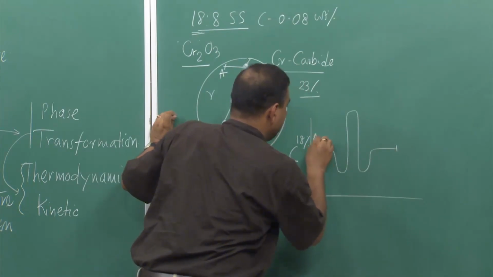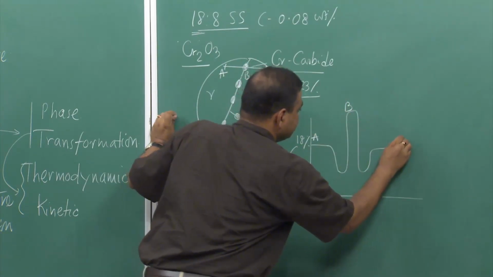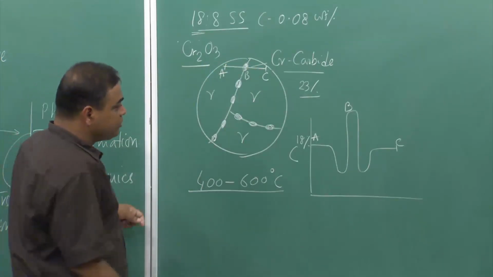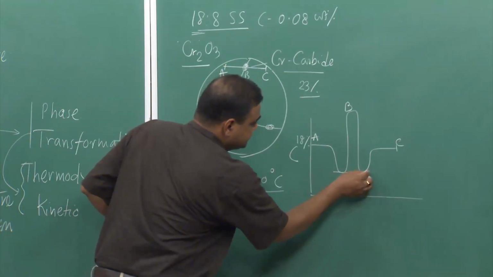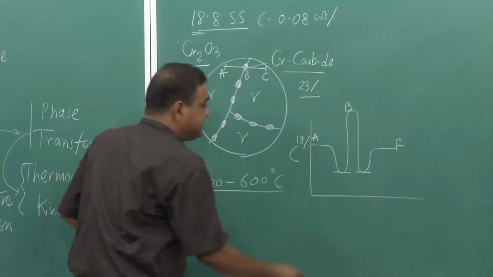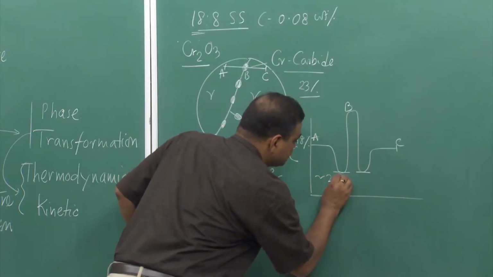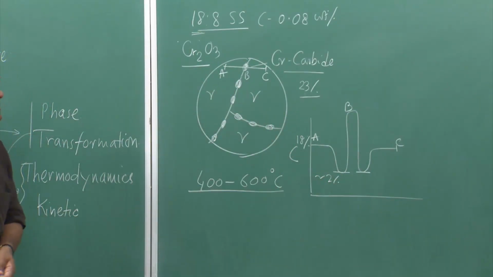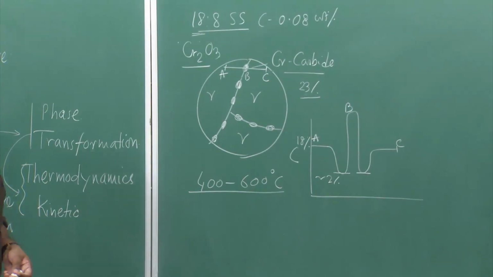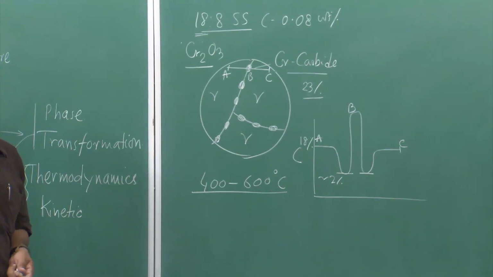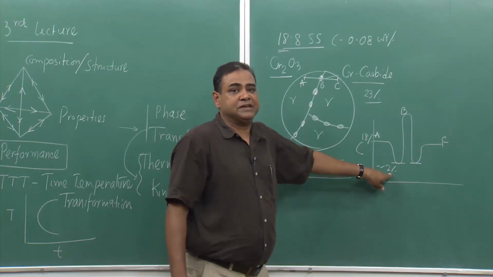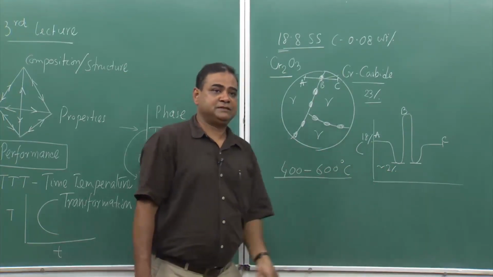So, this is my A point, this is my B point, this is my C point along this line. You see that the chromium percentage has gone down, and it can even go down to a level of 2%. Now, in order to get stainless property in 18-8 stainless steel, we need to have more than 12% chromium all the time. Once the chromium content reduces to 2%, something interesting happens.